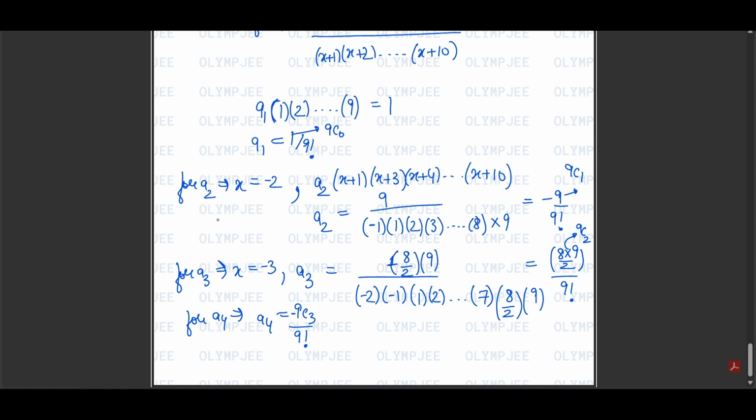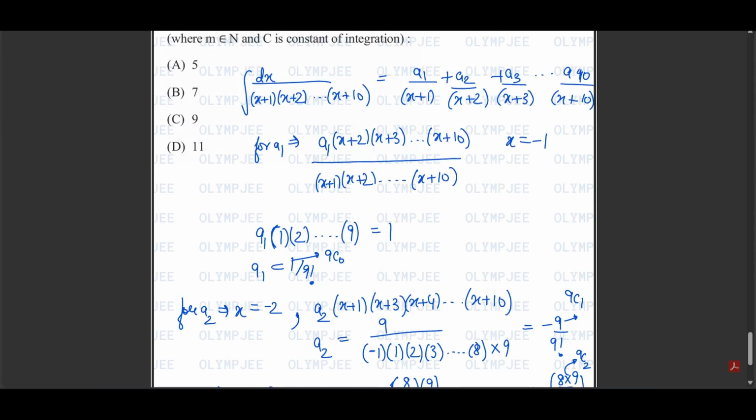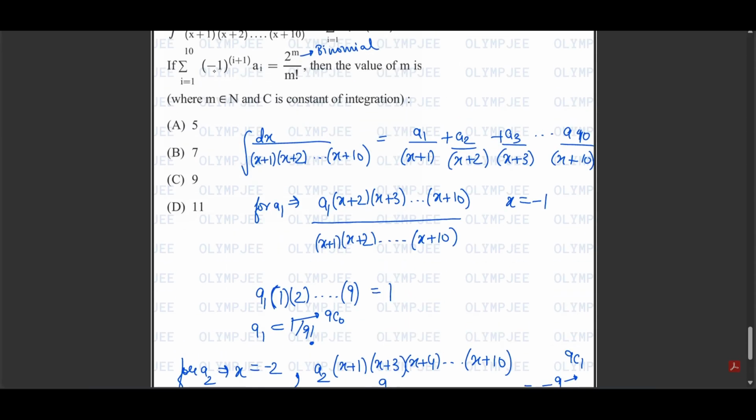So the even subscripts will have a minus sign and odd subscripts will be positive. So then we have to find the summation. So see, if we put 1, then for odd terms there will be 1, and for even terms this will be minus 1. And even terms already had a minus sign with ai, right? So minus minus will transform into plus.